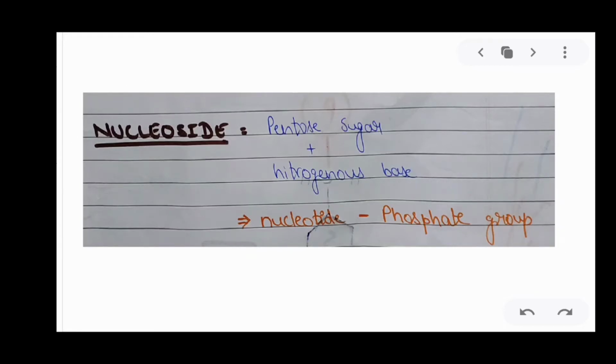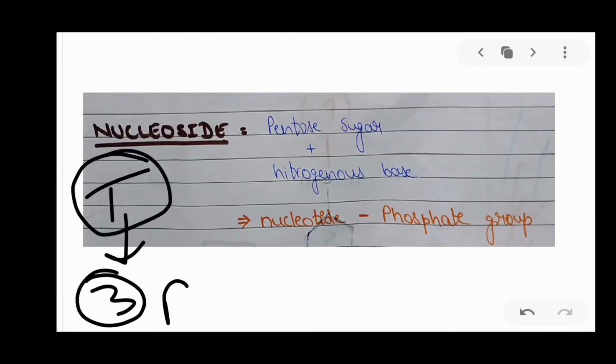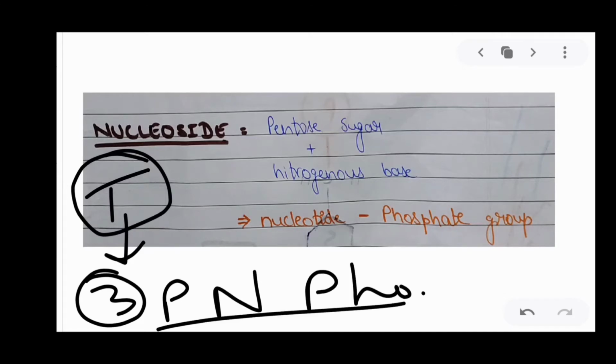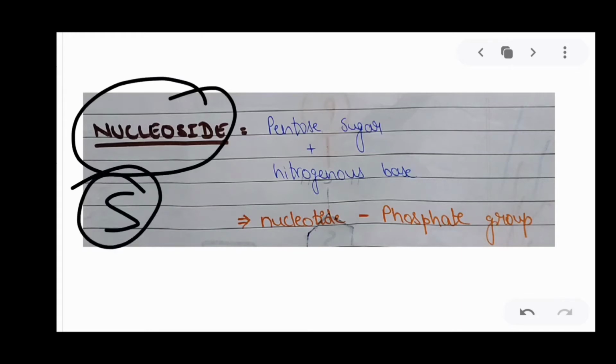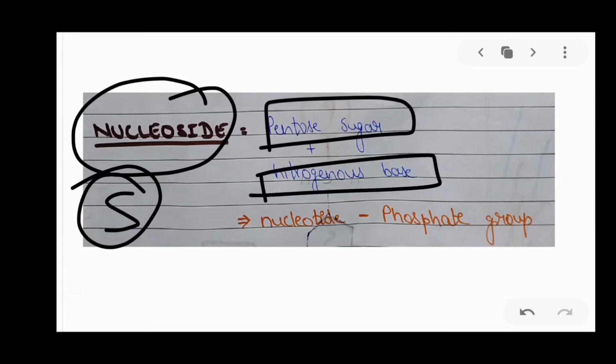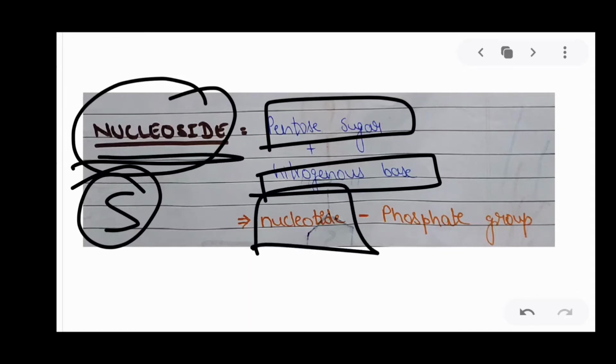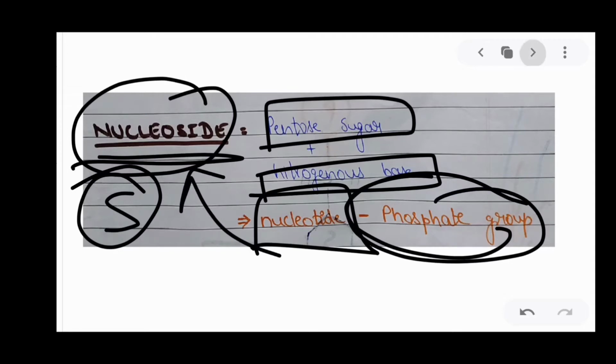So nucleotide, with the T, is made up of three components: the pentose sugar, the nitrogenous base, and the phosphate group. Whereas the nucleoside, with the S, will just have two components, the pentose sugar and the nitrogenous base, and it will not have the phosphate group. Therefore, we also say that nucleoside is nucleotide minus the phosphate group.